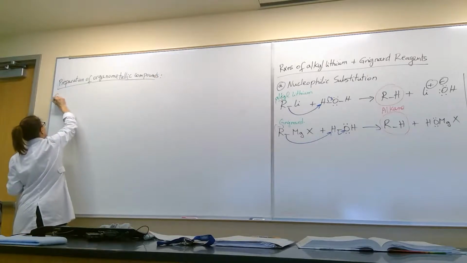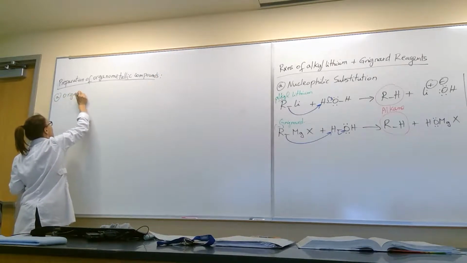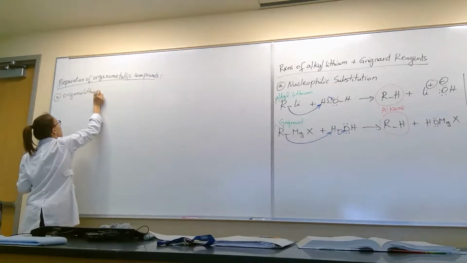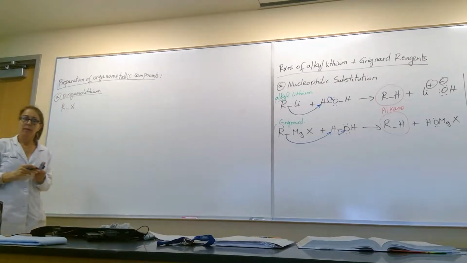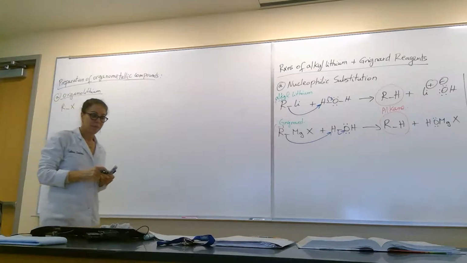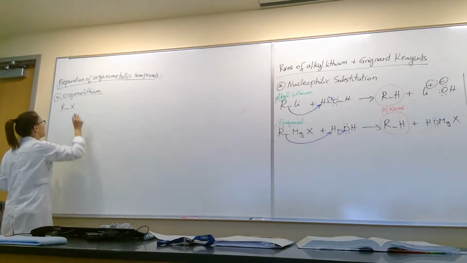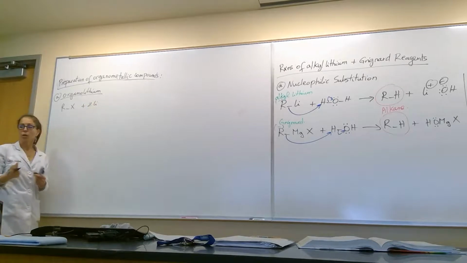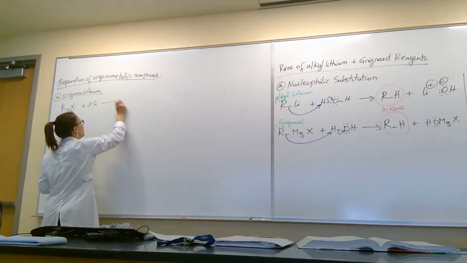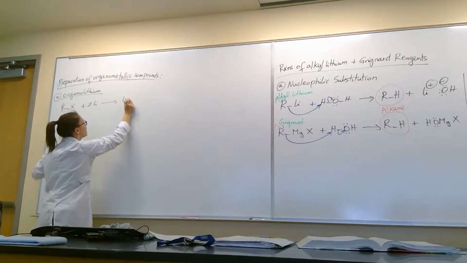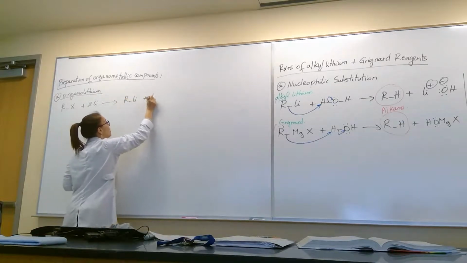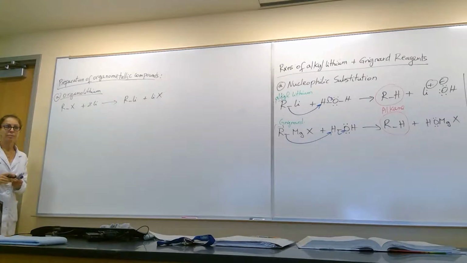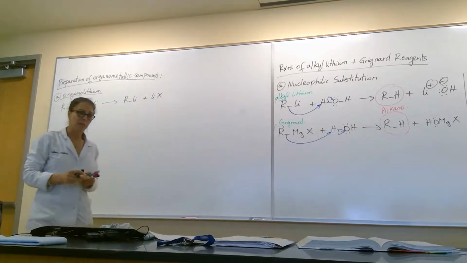So for the first, let's say organolithium. So all you have to do is take an alkyl halide, okay, and put lithium there. Okay, so it will require 2 in terms of stoichiometry. Why? Because lithium is always plus, the alkyl is always minus, so you're gonna have an RLi, and then you're gonna have LiX. So this is simple. All you have to do, but the problem is what?